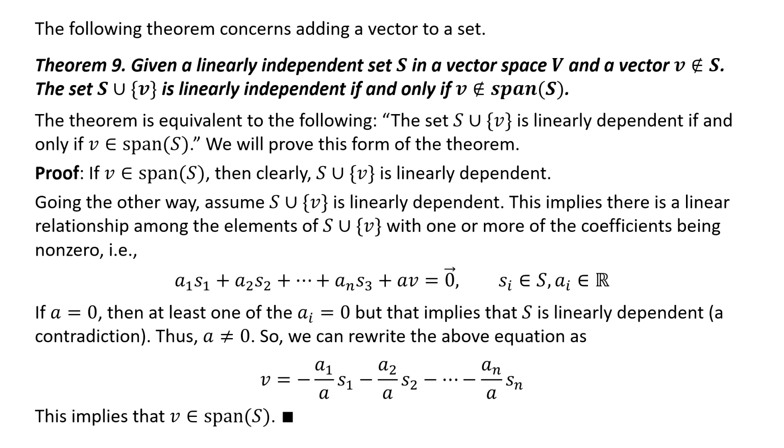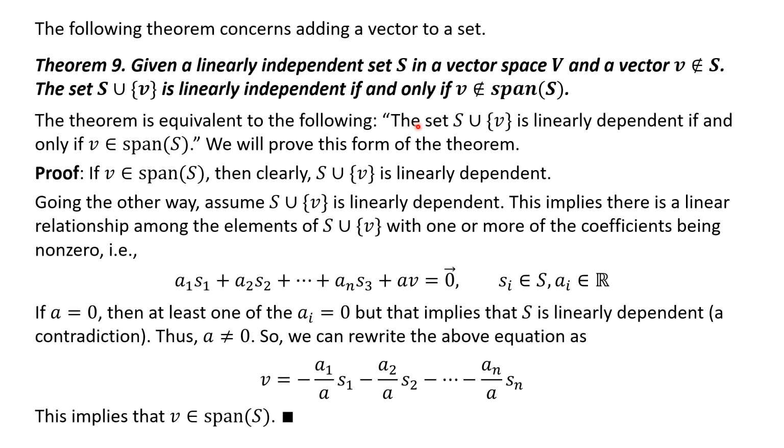The following theorem concerns adding a vector to a set, so it's sort of in contrast to the previous theorem. Given a linearly independent set S in a vector space V and a vector v not in S, the set S union v is linearly independent if and only if v is not an element of the span of S. So the theorem is equivalent to the following.